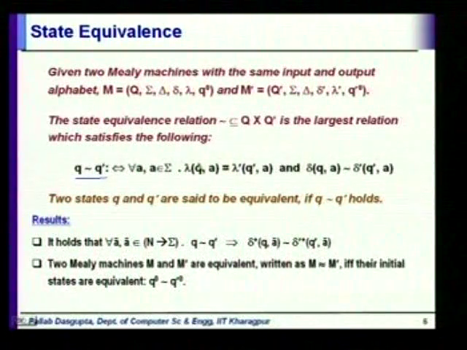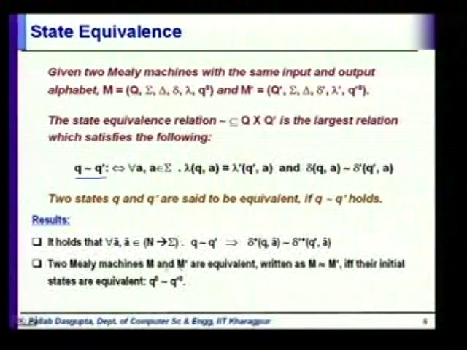Sir, can't we say that all the states that the machine is undergoing when we apply the sequence A, all the states must be equivalent for the two Mealy models? Well, like the first statement, I mean that.